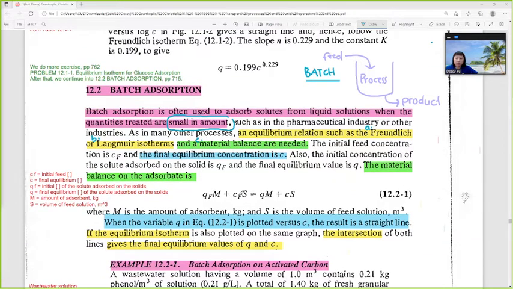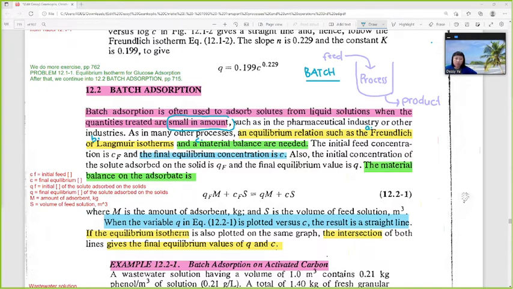Qf.M plus Cf.S is equivalent to Q.M plus C.S. We have to know about these labels.